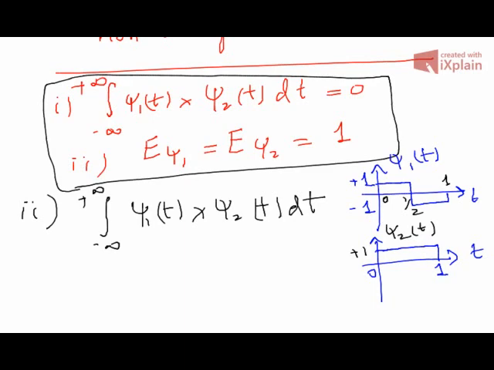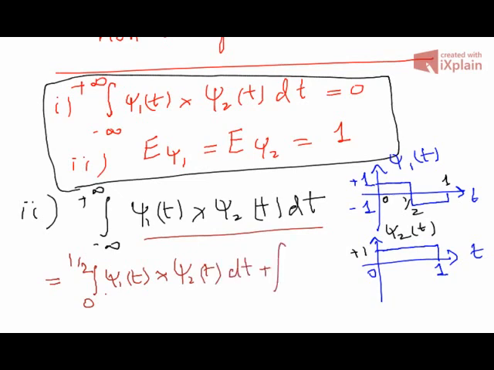Now we can see how our integral can be solved from 0 to half and half to 1. We can split this whole integral from 0 to 1 into two sub-integrals: from 0 to half, psi 1 of t multiplied by psi 2 of t dt, plus the same product from half to 1, psi 1 of t, psi 2 of t, and dt.